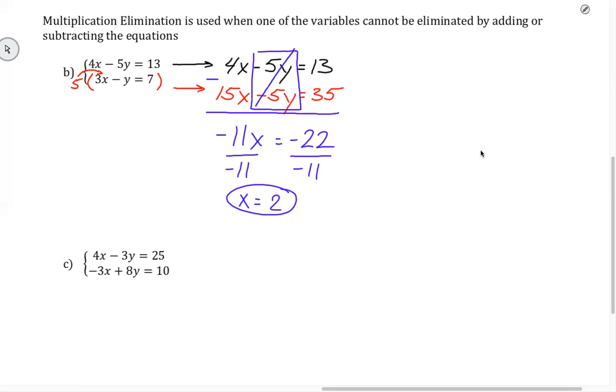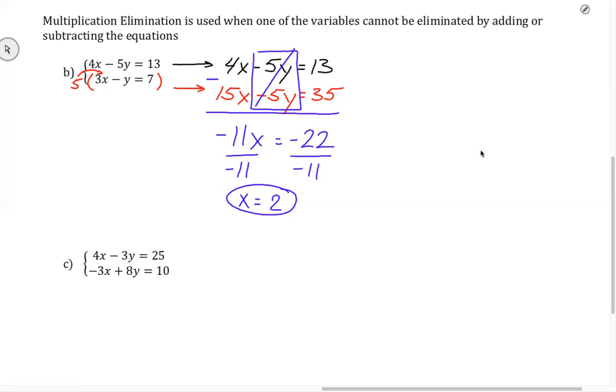All right, I gotta get y. Caitlin, which equation looks easier to get y by itself, or to just solve for y? The top or the bottom? The bottom.